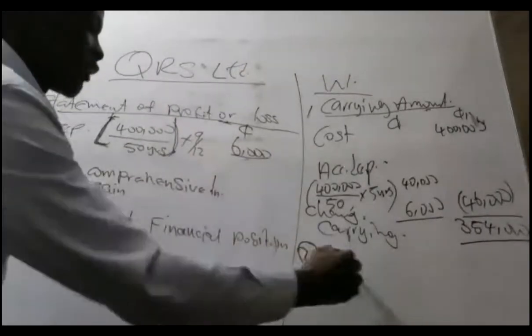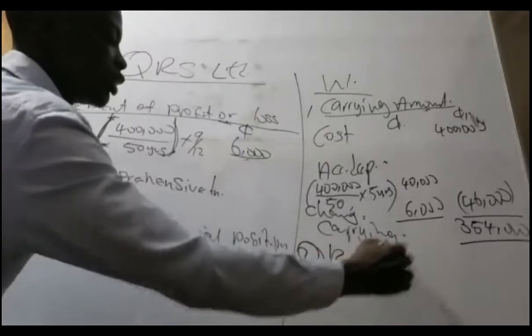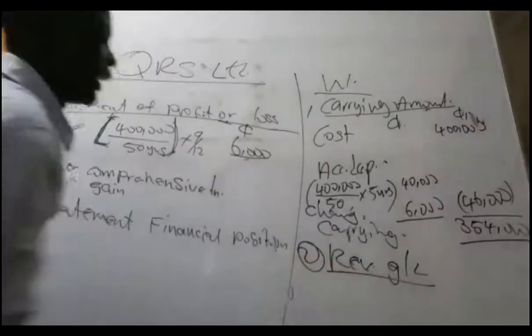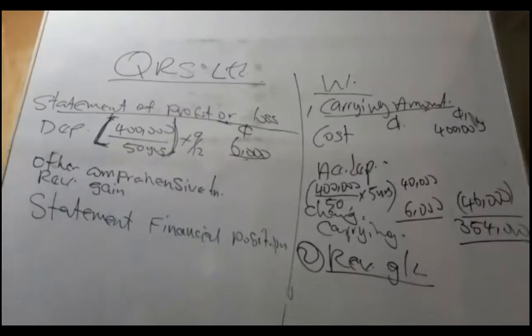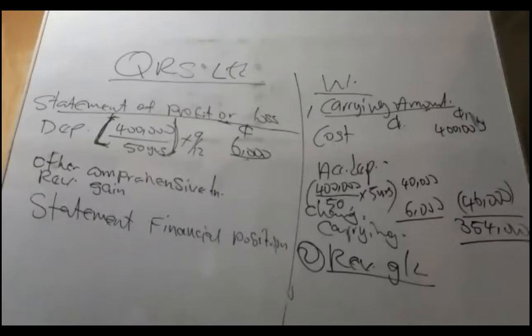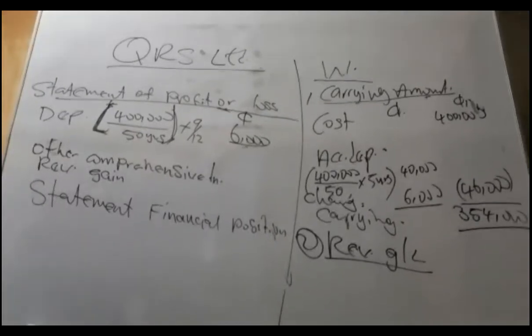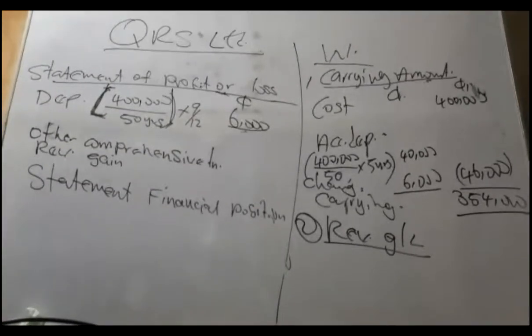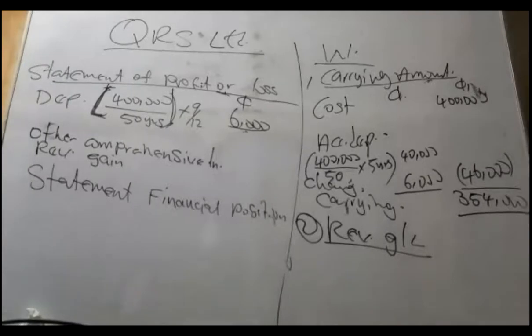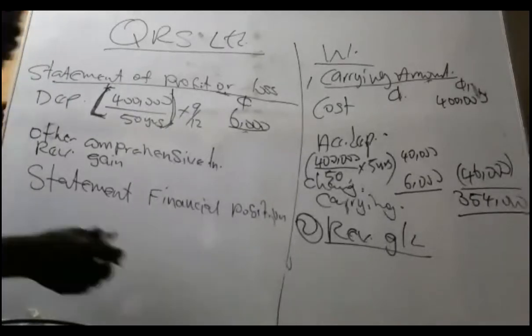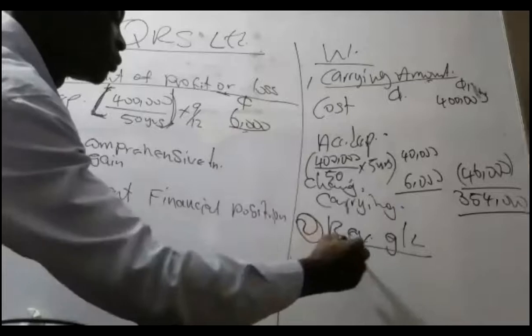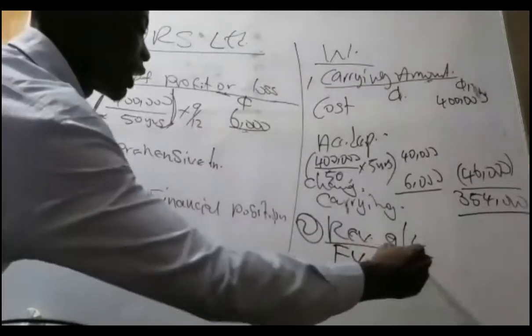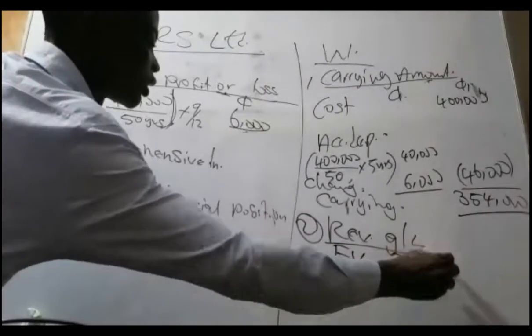To get a revaluation gain or loss, we need two items. They are the fair value of the asset at the date of what? At the date of transfer or valuation. So fair value was 380,000.